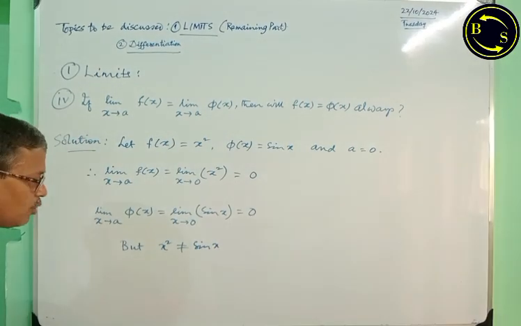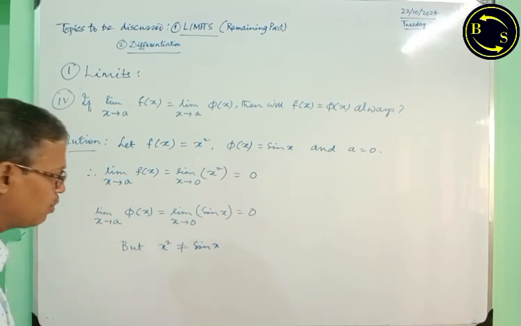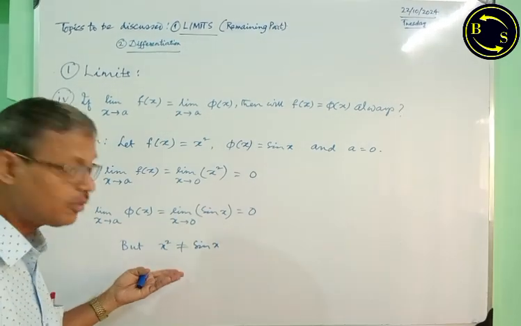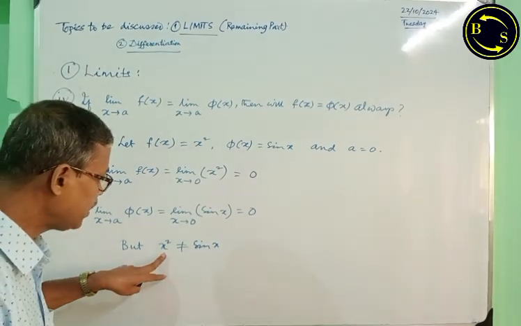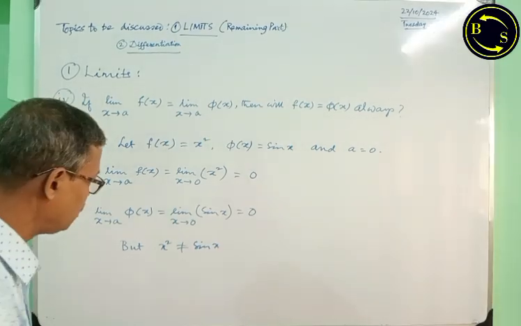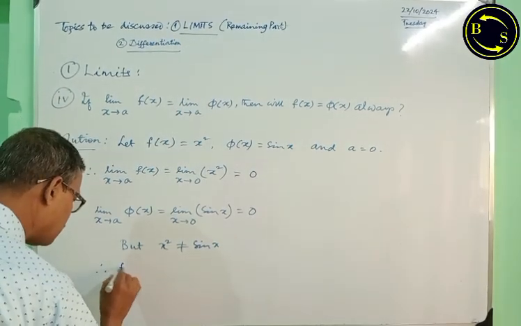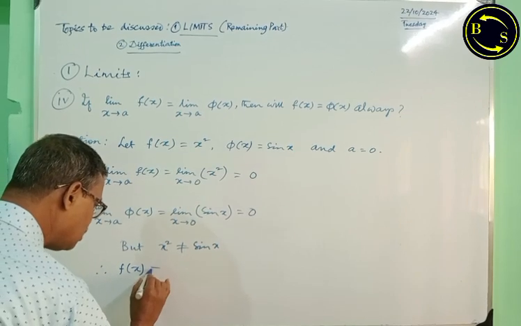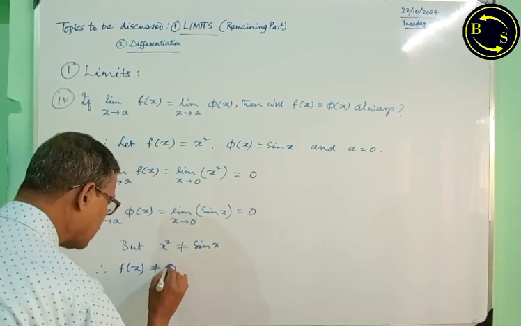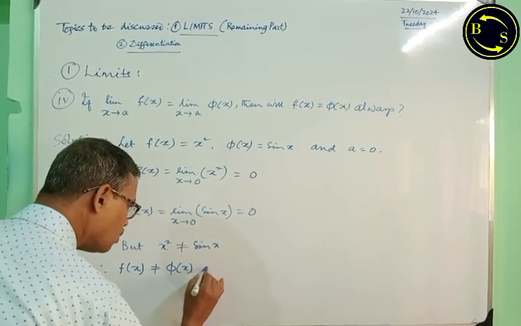Only in case of x equal to 0, these two will be equal, but otherwise functions x square and sin x are not equal. Therefore, f(x) is not equal to phi(x) always.